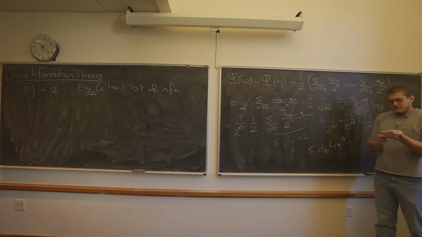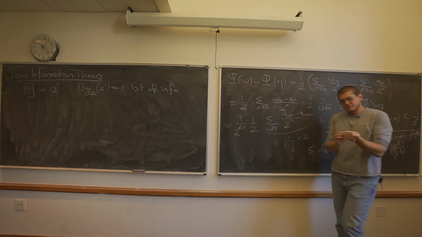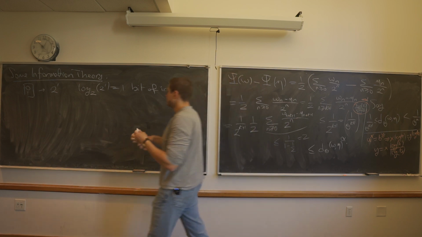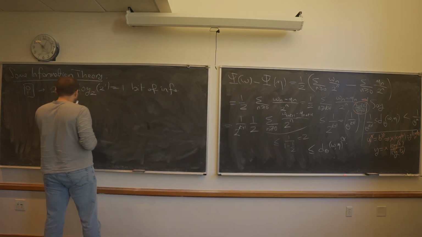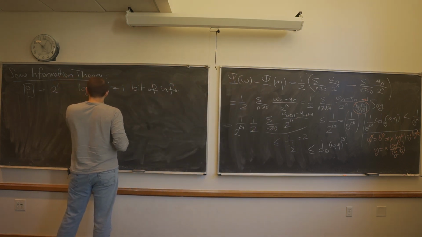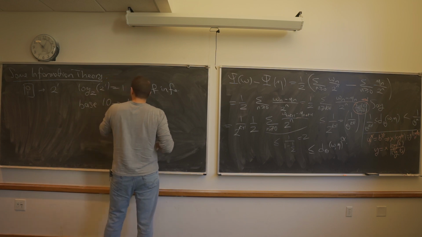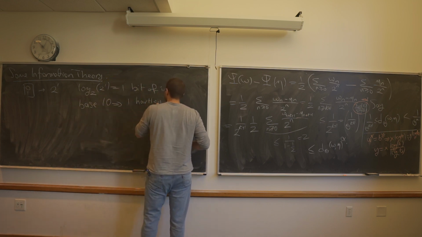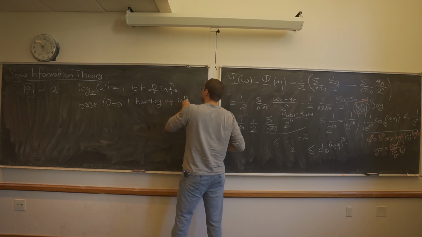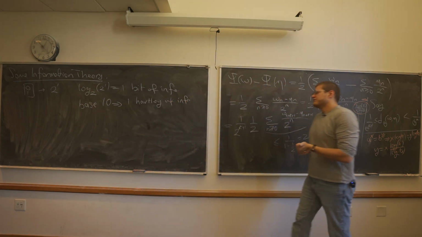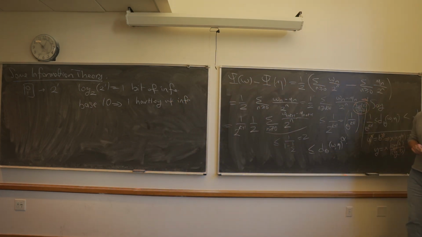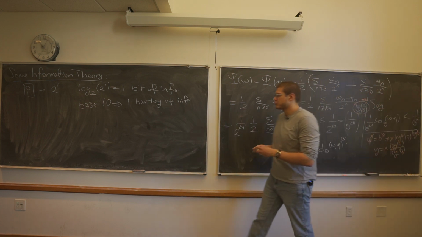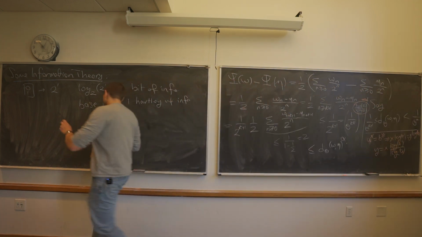If you do the same thing with base 10, that's one Hartley of information. If you do it in base e, which is more natural perhaps from a pure math point of view, that's called a nat.